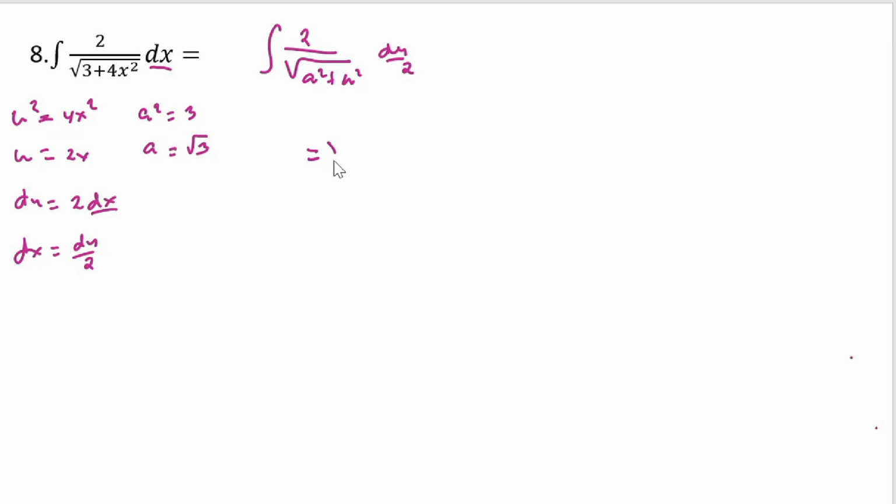Simplifying, we have 2 times 1/2, which is equal to 1. So I can just write this as du over the square root of a squared plus u squared.